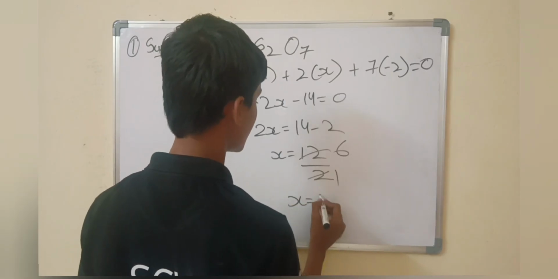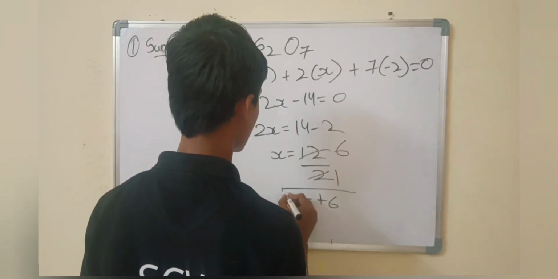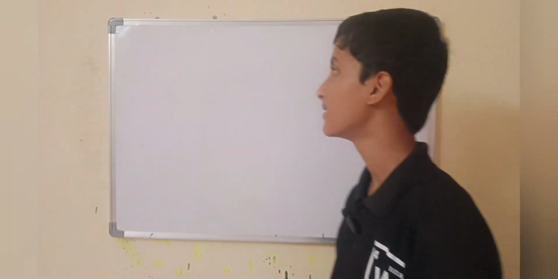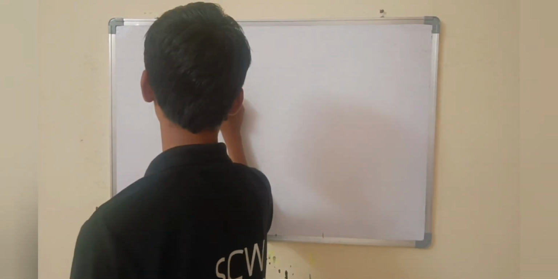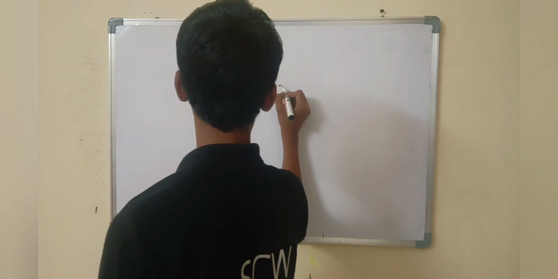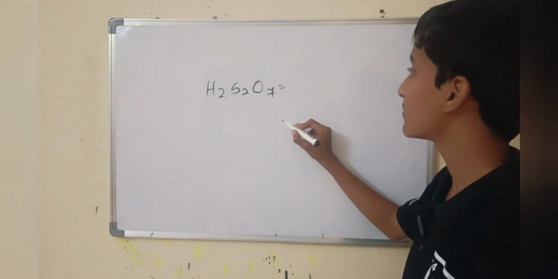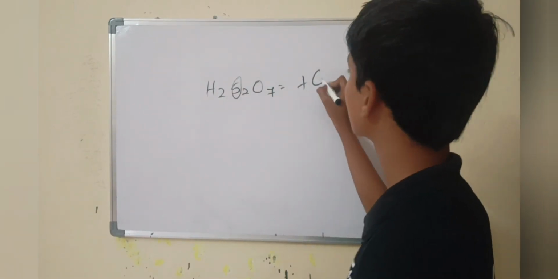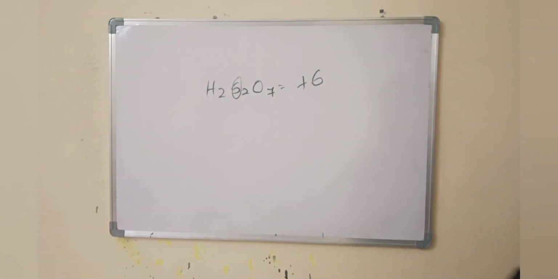X is equal to plus 6. Now, what is the oxidation number of sulfur in H2S2O7? The oxidation number of sulfur is plus 6. Clear?